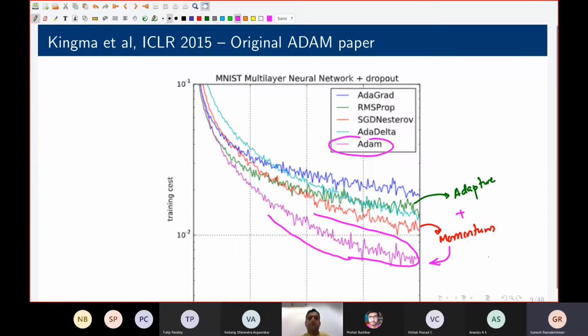Not necessarily Nesterov momentum, we've used heavy ball momentum, but nevertheless it's put together both of these. Now, if you look at the green adaptive one, because it's adaptive, it started diminishing quickly, but then after a point, all these diminishing values start slowing down. RMSprop tried to fix the learning rate going to 0 very quickly, but nevertheless it has issues.